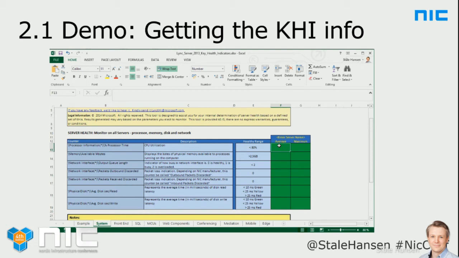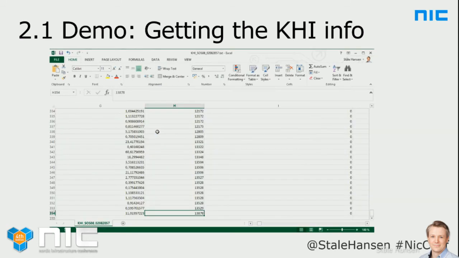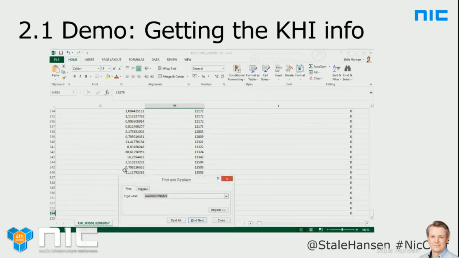And then we need to put data into the spreadsheet, and we want the average values and the max values. And it will go red if the values are out of bounds. So for system counters, we have front-end counters, we have SQL and back-end database counters, and so on.